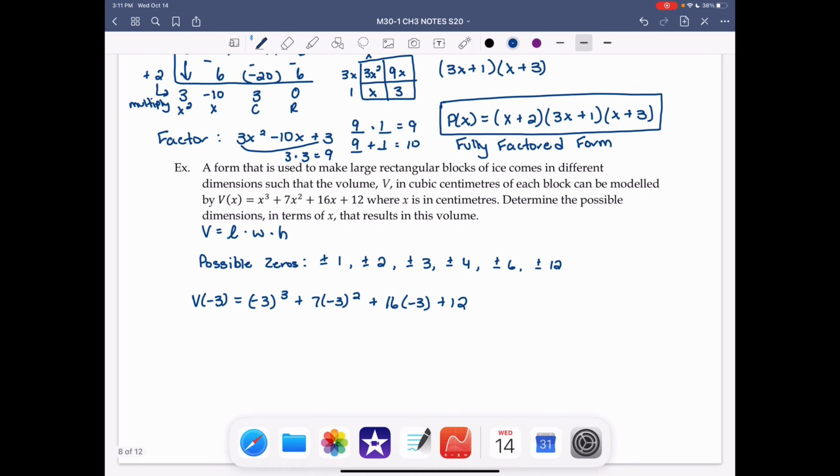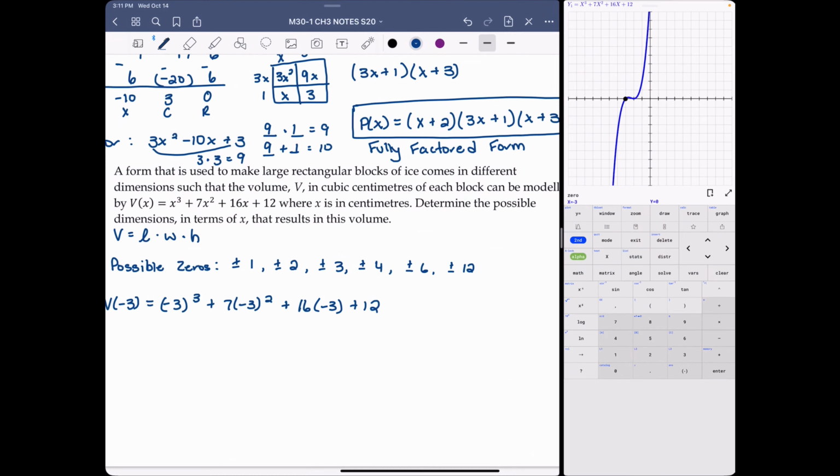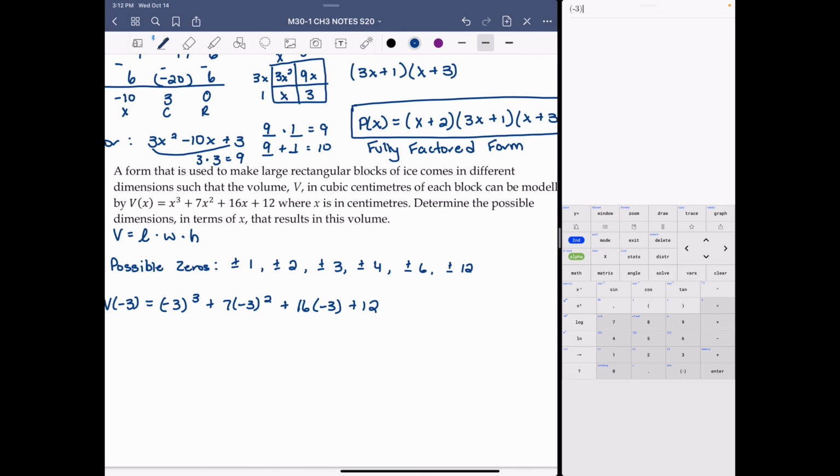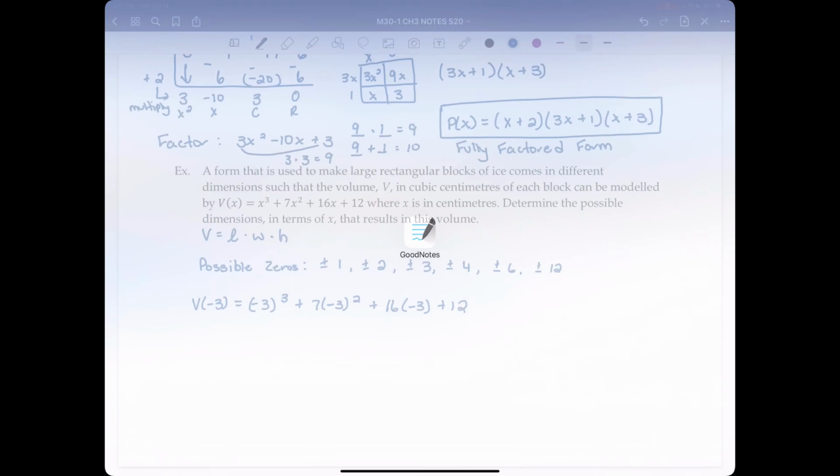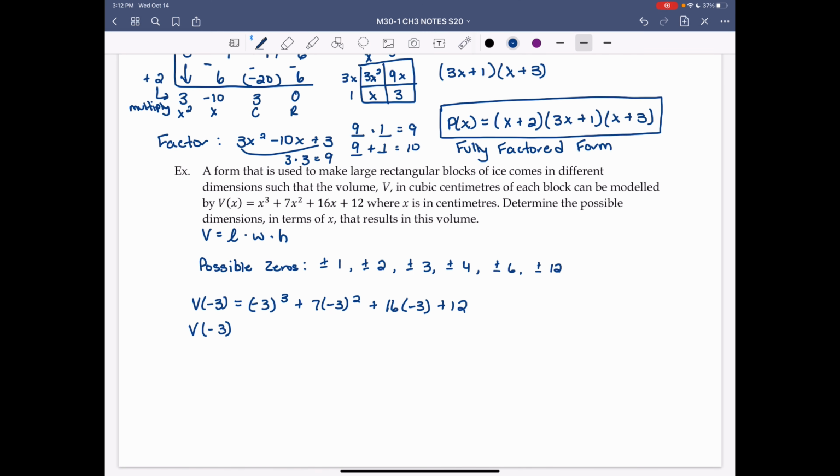And we should get 0 because it's an x-intercept. -3 in brackets to the power of 3 plus 7 times -3 in brackets squared plus 16 times -3 plus 12, and we get 0. V of -3 equals 0. Therefore, x plus 3 is a factor of v of x.